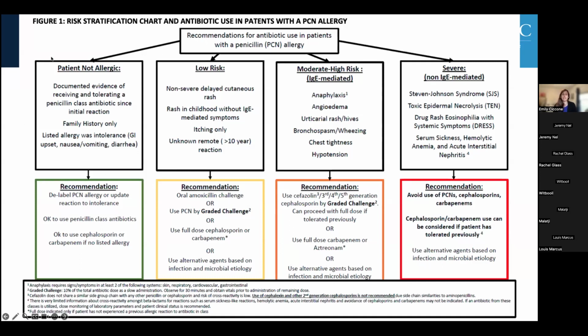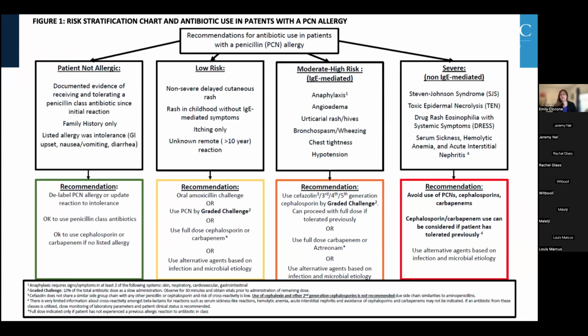So we can say that they are tolerating penicillins and just delabel them without any further testing or intervention. And then these other categories are all associated with particular recommendations with the goal of doing oral amoxicillin challenges or referring to allergy for penicillin allergy testing to then delabel the patient if there's no longer a reaction.